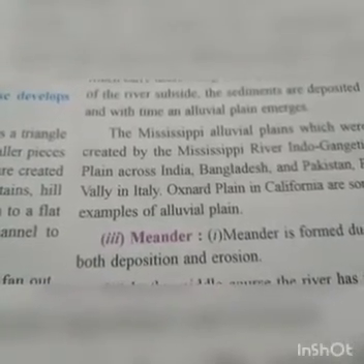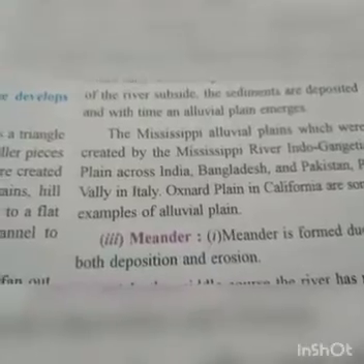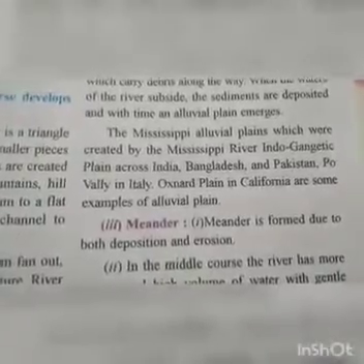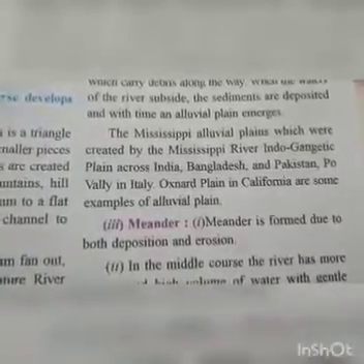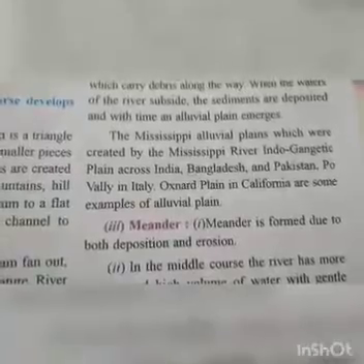Subside means go down or become weaker, then the sediments are deposited there, and with time an alluvial plain emerges. So this is how the alluvial plain forms.